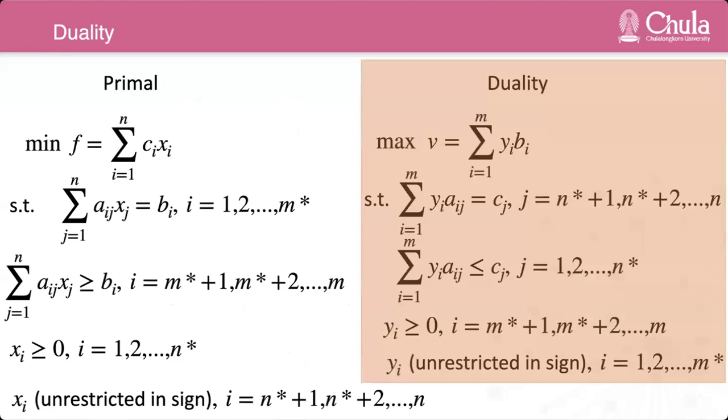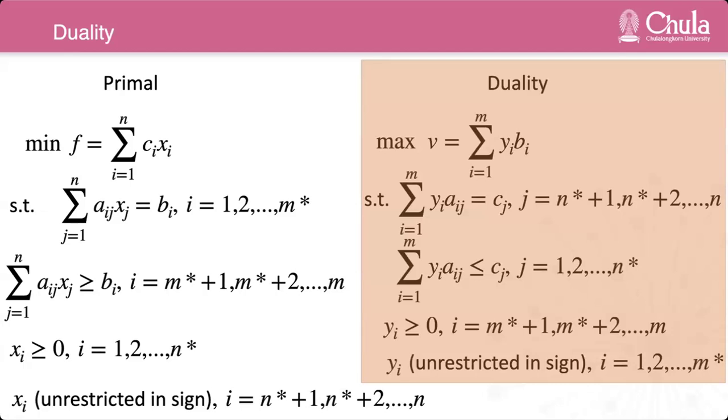So let us compare primal and duality. We have the primal problem in this form, minimize something, with a set of constraints, where Aij xj equal Bi and Aij xj greater or equal Bi. Once we convert it to duality, from minimize, we obtain maximize. Maximize of Yibi. Where is B?